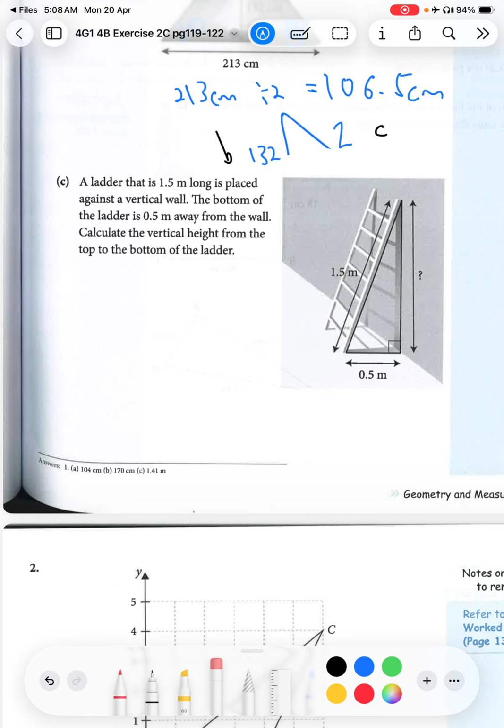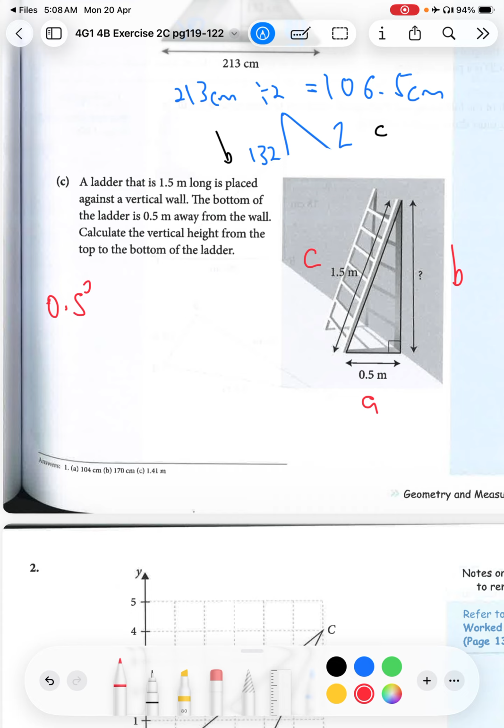The ladder that's 1.5 meters long is placed 0.5 meter away from the wall. So showing the diagram, it becomes a right angle triangle. My A is here, my B is here, my C is here.